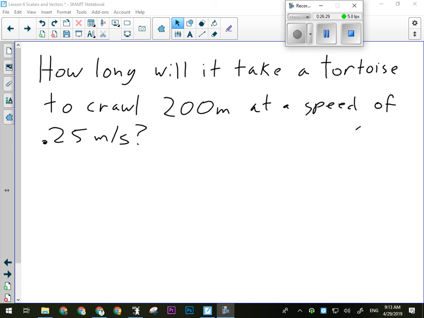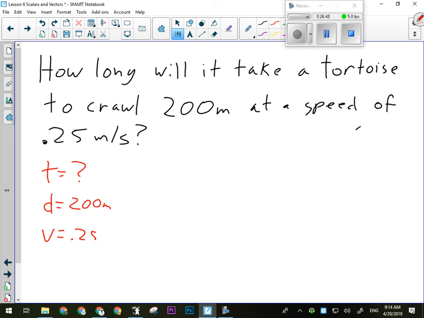So this question is asking how long something will take, so I'm looking for time. It's telling me that the tortoise is going to crawl 200 meters. So that's the distance, and I know it's distance because they didn't give me a direction, at a speed of 0.25 meters per second.